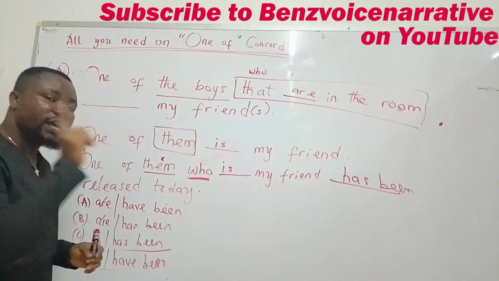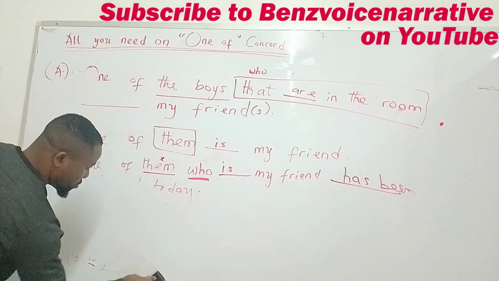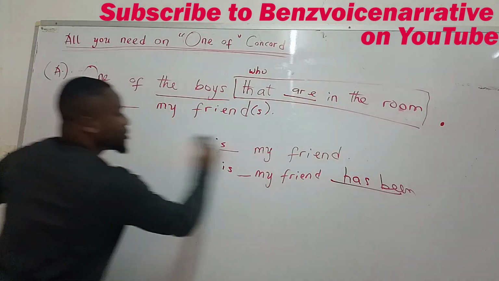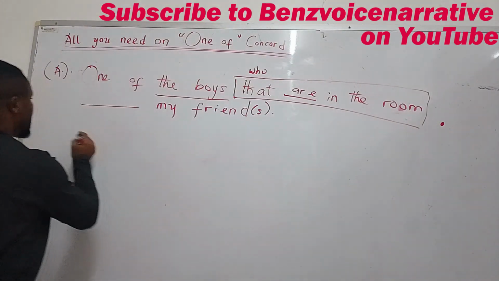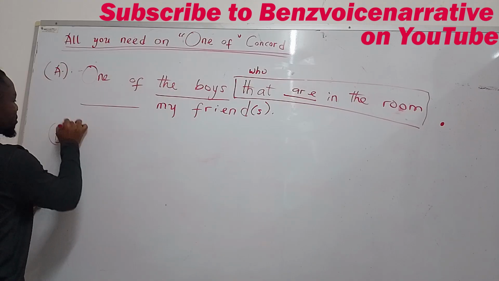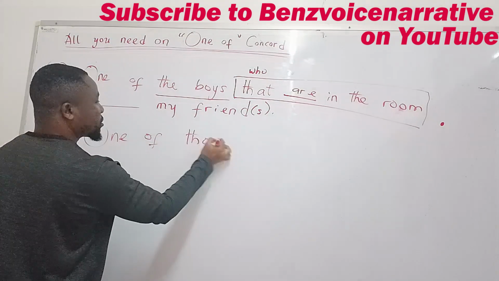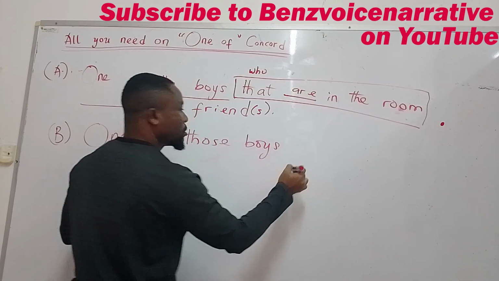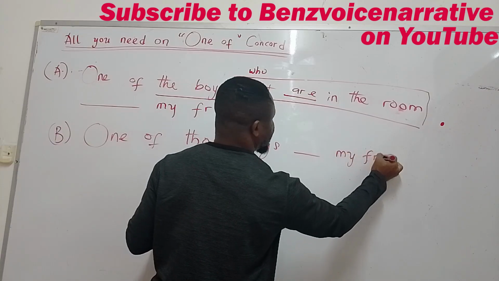So let me give one final example under the structure before we call it a wrap. Now, check this out. B: one of those boys dash my friend. This is clear.